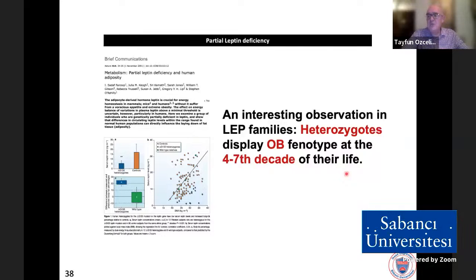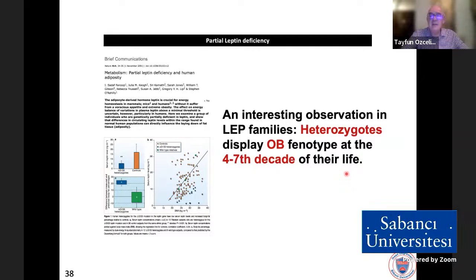Some diseases, like familial hypercholesterolemia associated with LDL receptor mutations, low density lipoprotein receptor mutations, express the phenotype during childhood in homozygotes and then in heterozygotes during their 40s.